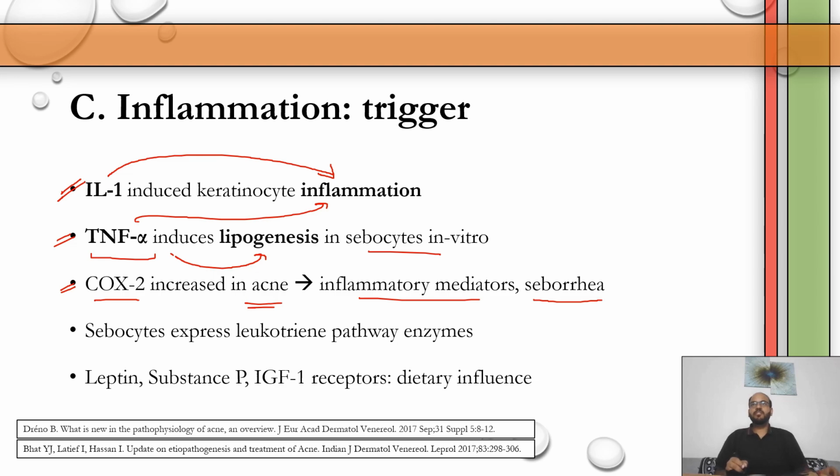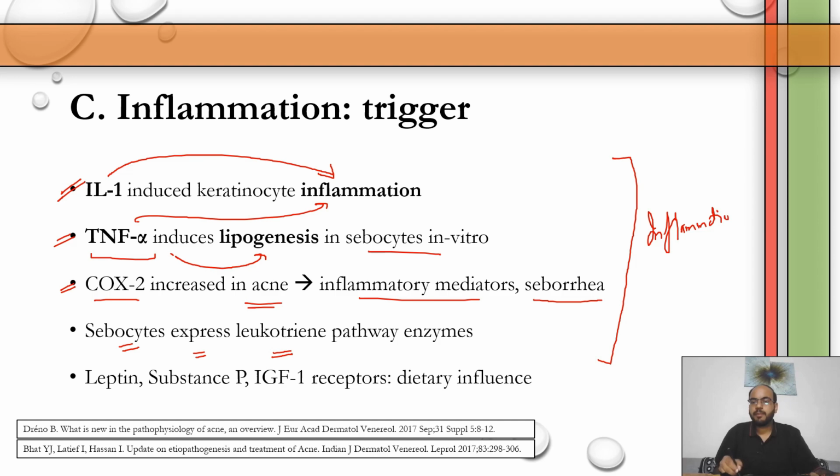COX-2 is responsible for prostaglandin and leukotriene mediated inflammation. Sebocytes also express another pathway of leukotriene synthesis, and again, this will lead to inflammation. So all these four factors are increasing the inflammation.